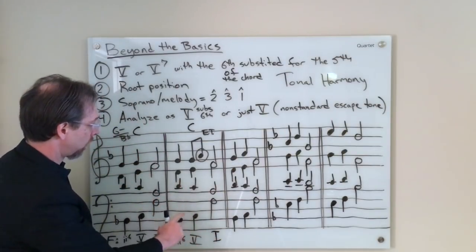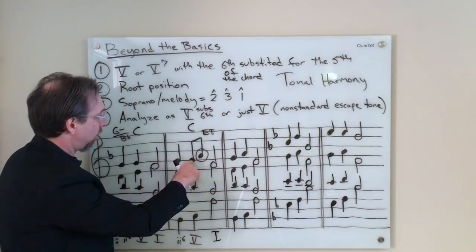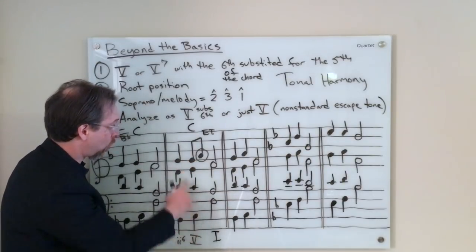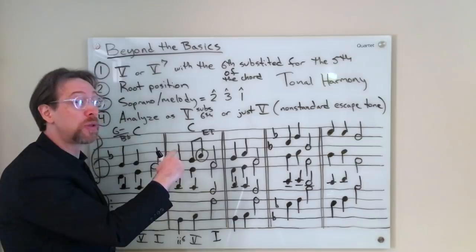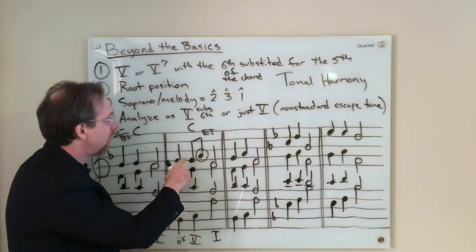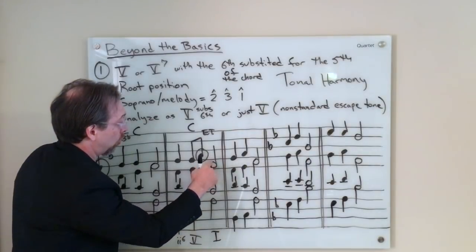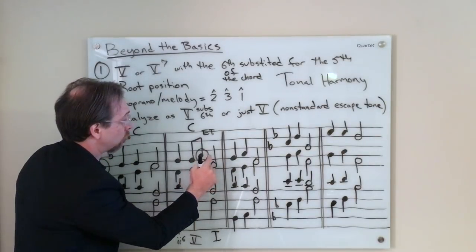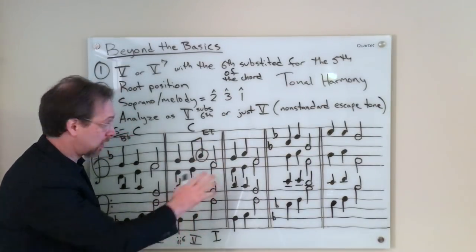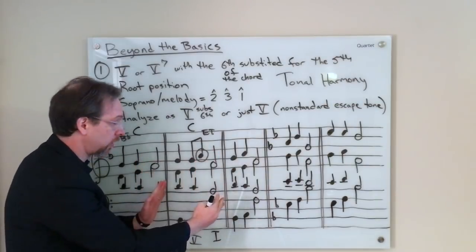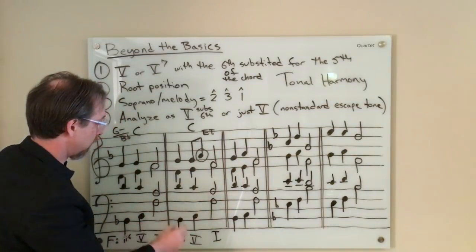So here we see that the 5th of the 5 chord steps up into the 6th of the 5 chord and then resolves down by leap to the tonic, the root of our 1 chord. Now this is the critical thing to understand. So I'm going to say that part again.